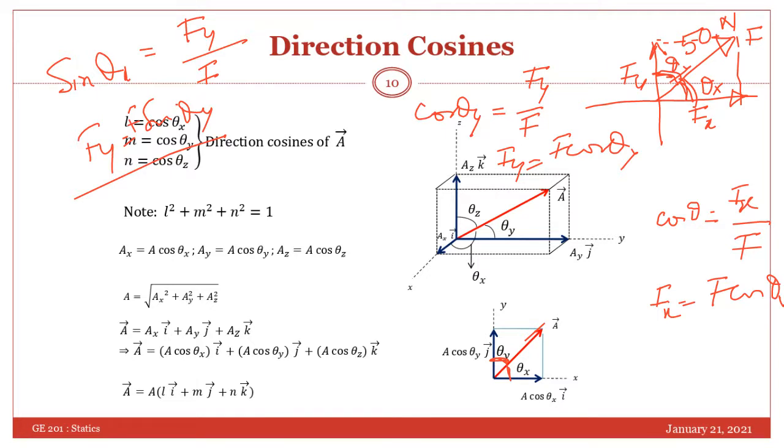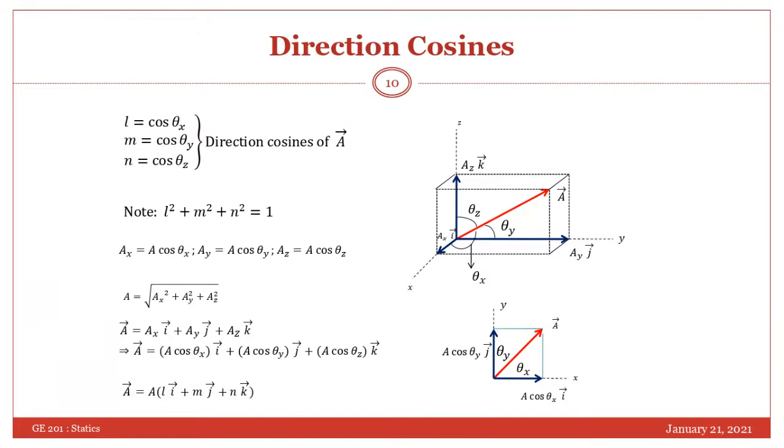So if you know the direction cosines and you want to find the components, you simply multiply each direction cosine with the magnitude of the resultant force or resultant quantity, and you will get the components. Like here, it is A cosine theta x, because this angle with x is theta x.